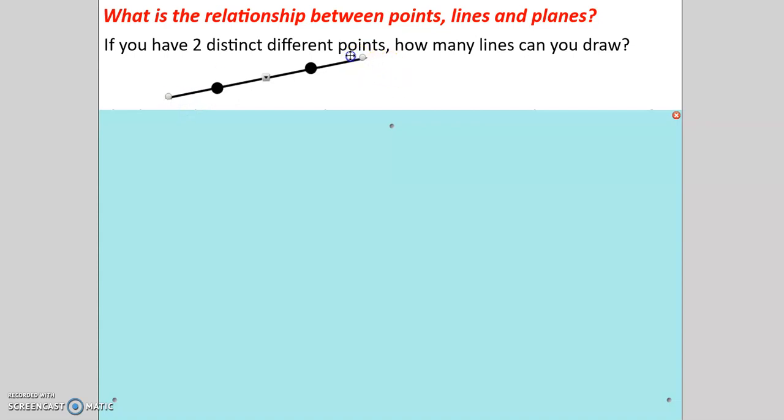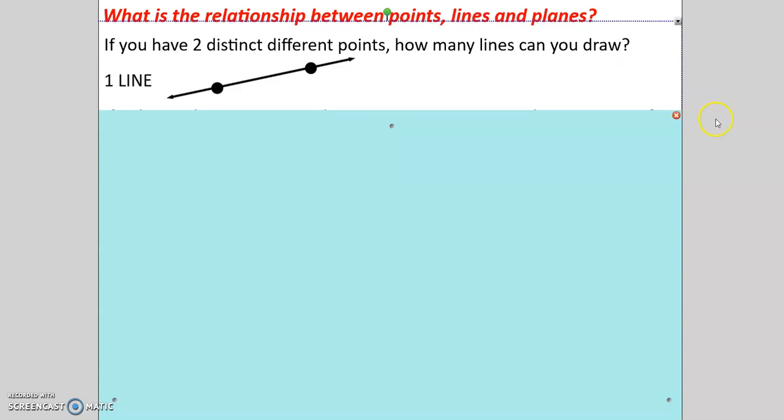Notice there's only one line that will go through both of those points. I can't have it any other way. So it takes 2 points to make one line.